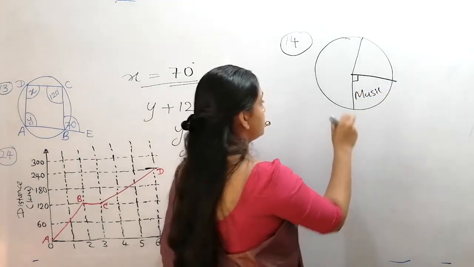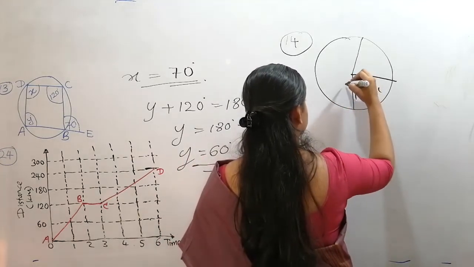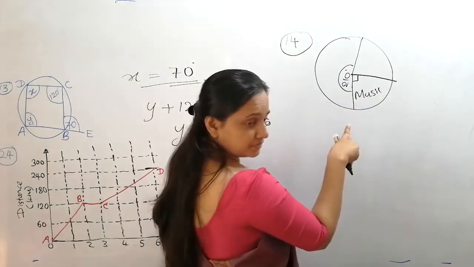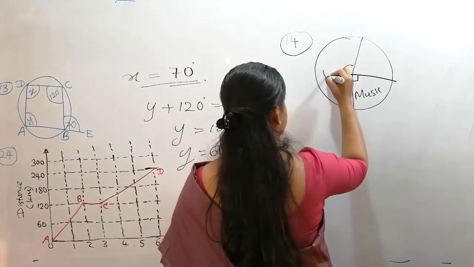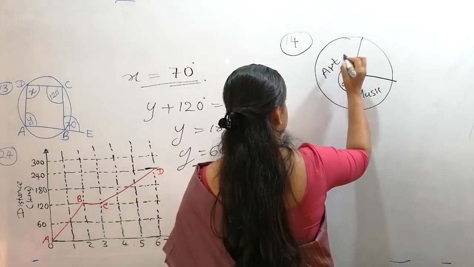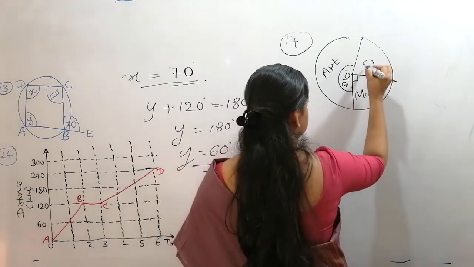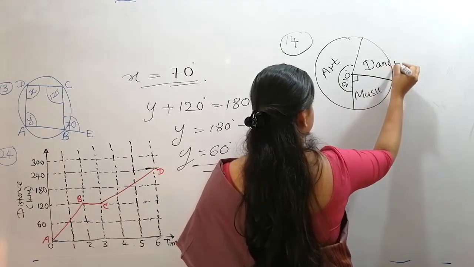And another 210 degrees represents the art subject. The remaining part of the circle represents dancing.